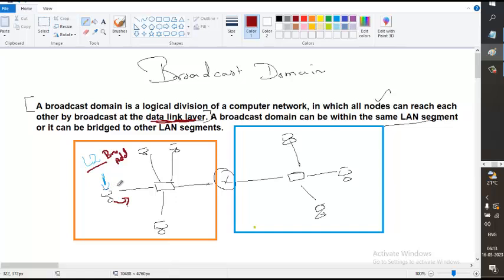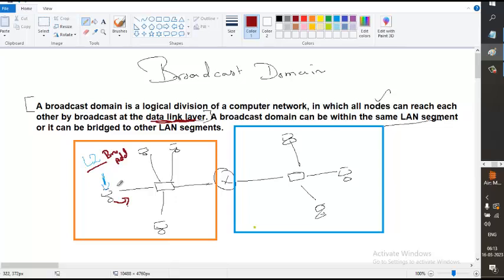Whoever receives that letter can own it, because the destination address is a broadcast address.